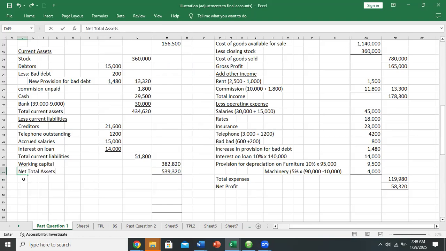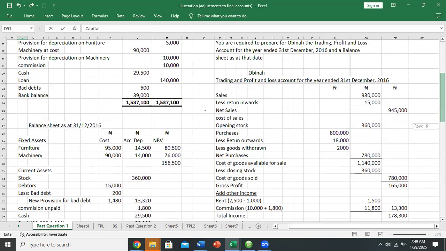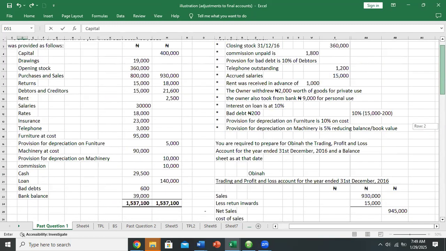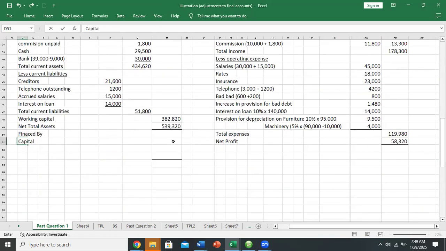Okay. Now we move on to financed by capital. So let's check the capital. It's 400,000. And you know what to do.